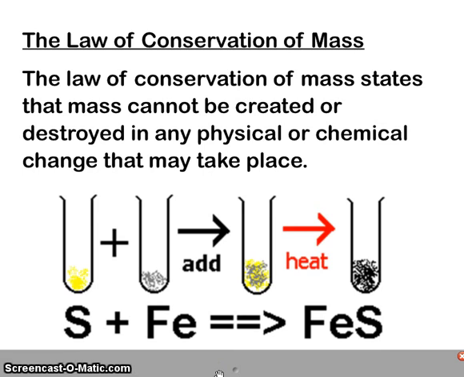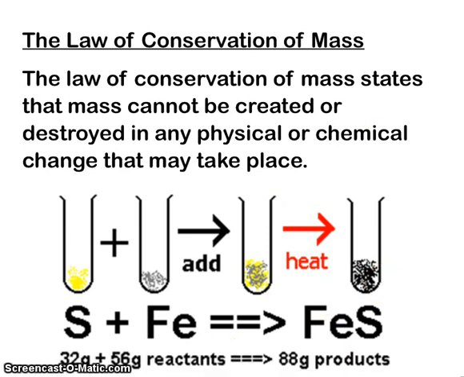So if you look at this experiment here, you can see that we have sulfur and we have iron. This is on the reactant side of our equation. After the chemical reaction has occurred, which you can see here with the arrow, heat is given off and we now have iron sulfate. But please notice that the mass has been conserved.